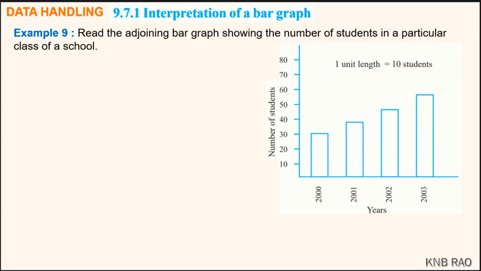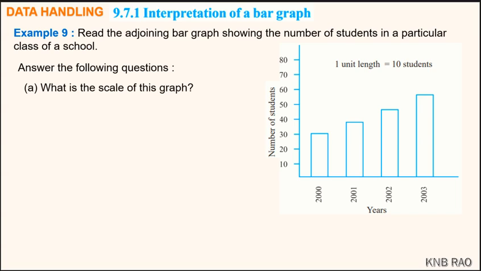You could observe 30 in 2001, 40 in 2002, 50, and in 2003, 60 students are there in that particular class. Now, answer the following questions.